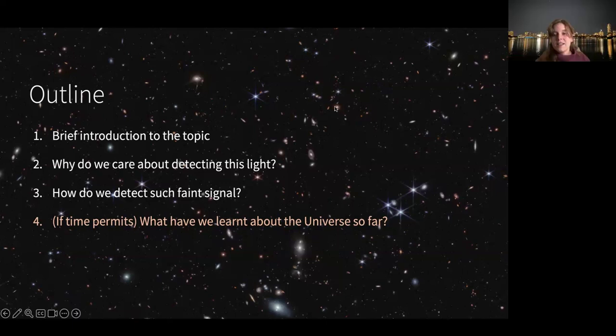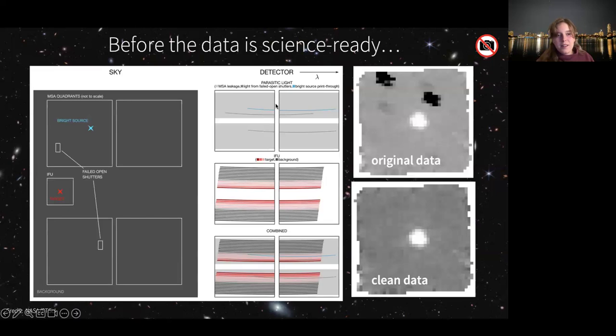Yes, absolutely. Let me go back, maybe over here. So this 1/f noise is essentially a generic term for a correlated noise in the data. For example, in this NIRSpec IFU mode that I'm showing the data for, this was a big problem at the beginning, before people figured out how to get rid of it.